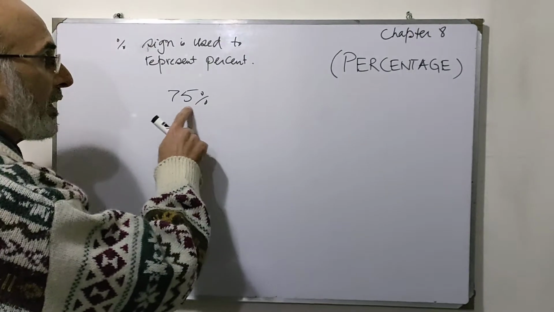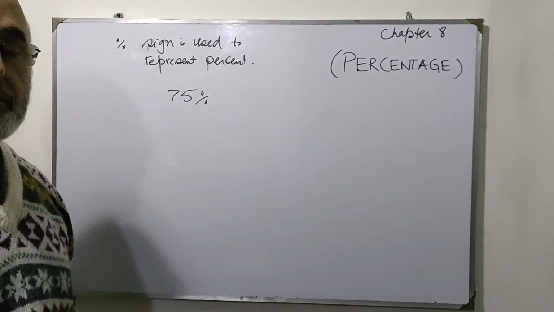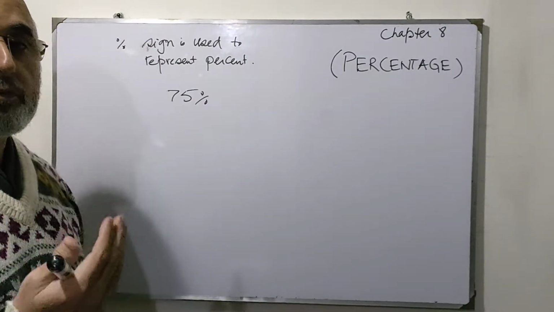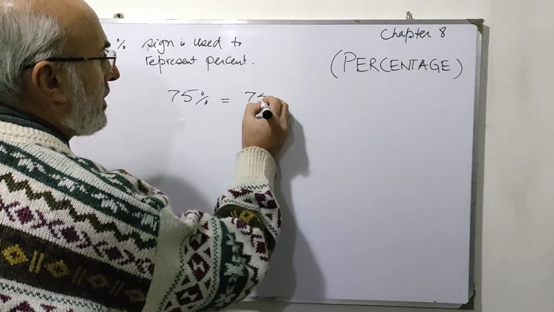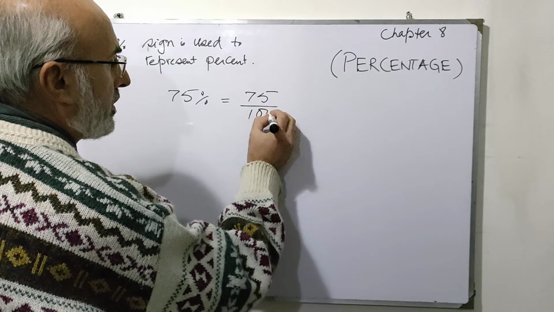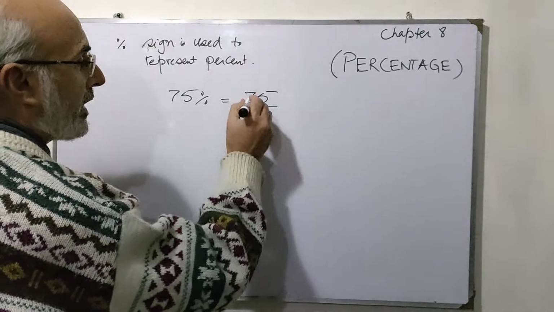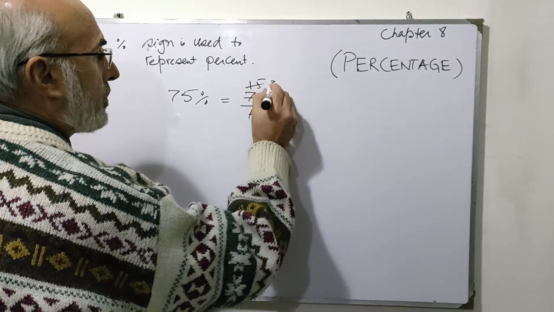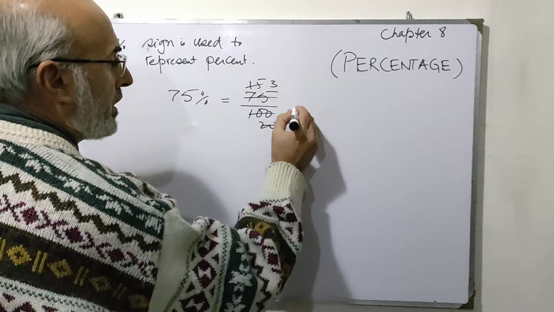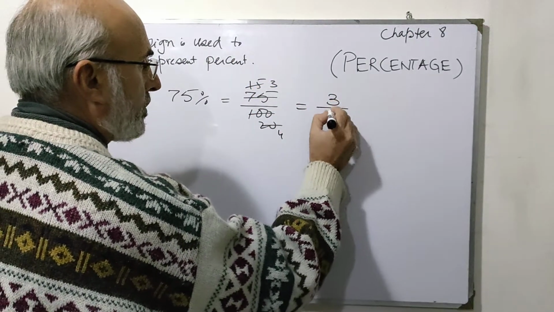So when this sign is already there, to remove this sign, we have to divide by 100. What is it? 75 over 100. Simplifying it, 15, 20, 3, 4. So the fraction is 3 over 4.